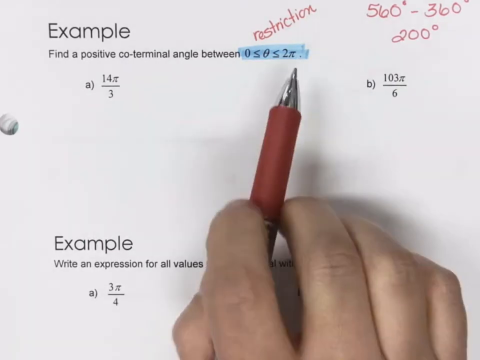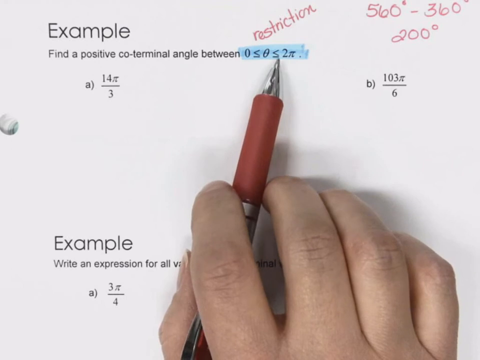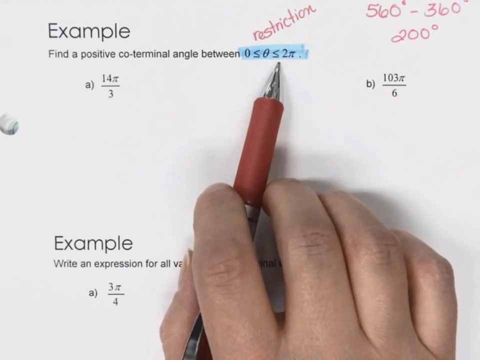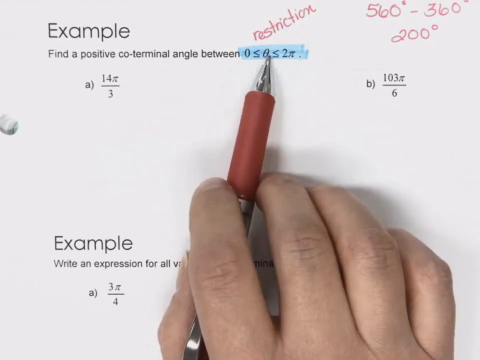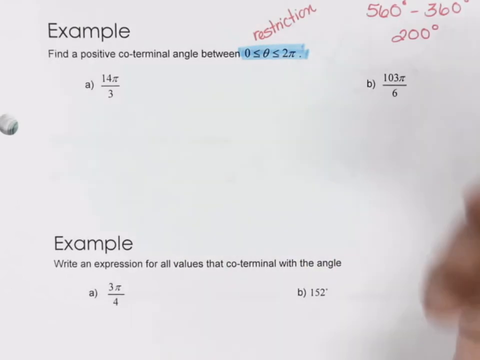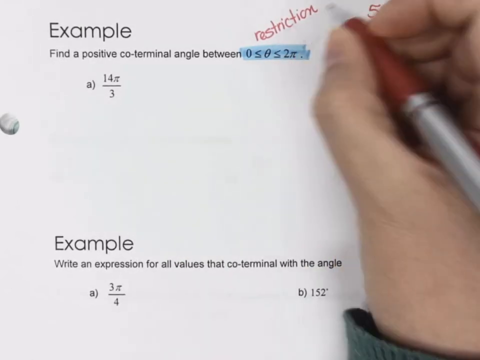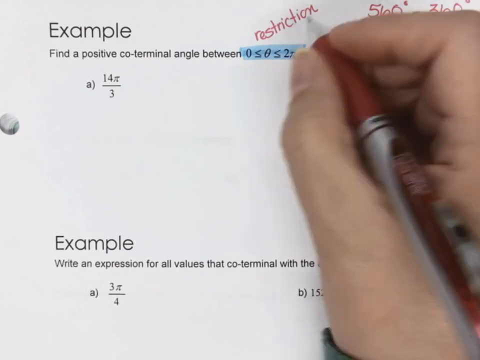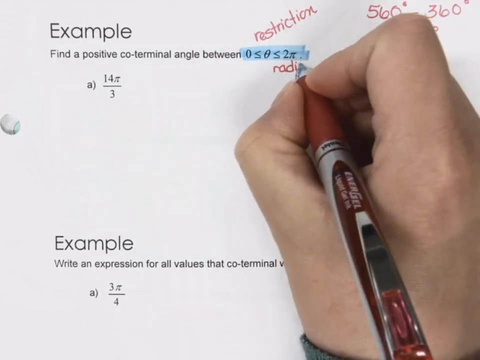It's going to tell us what our angles are being measured in. Are our angles measured in radians or are they in degrees? Radians. Okay, I thought somebody said degrees. So the restriction is going to tell me what my units are. So this is telling me radians.